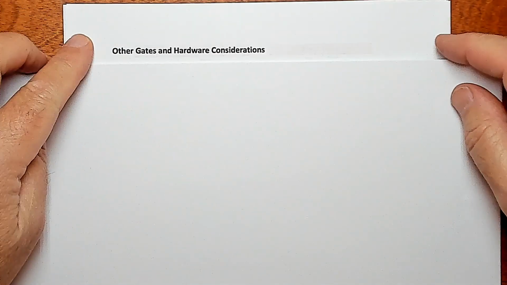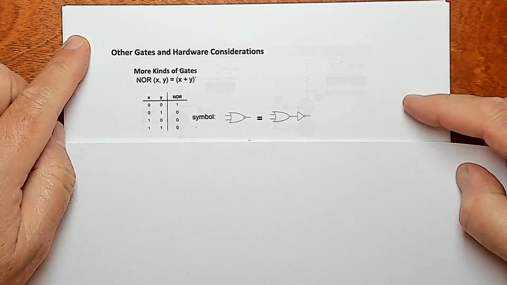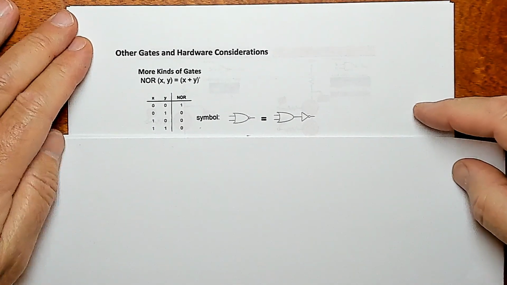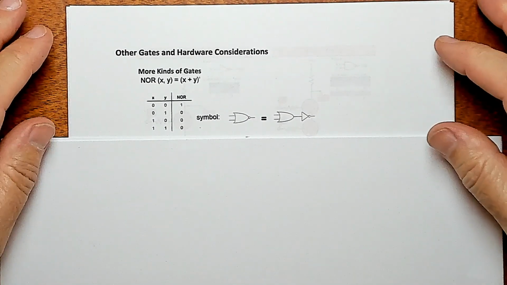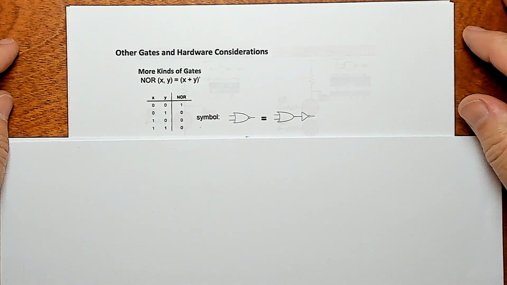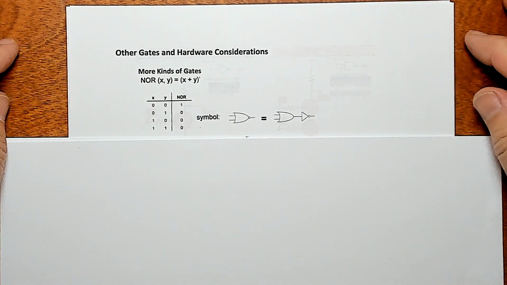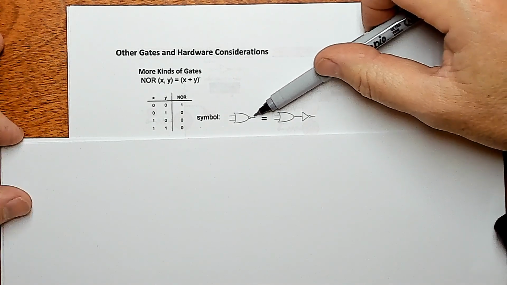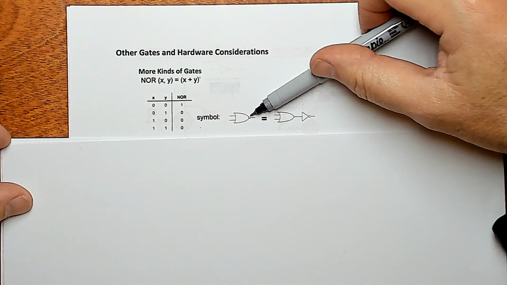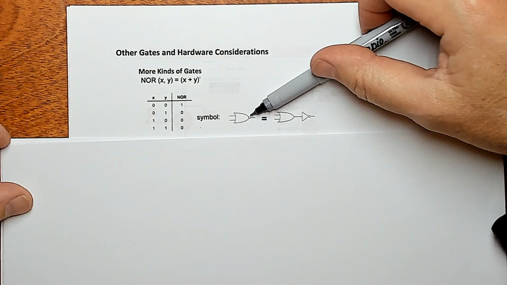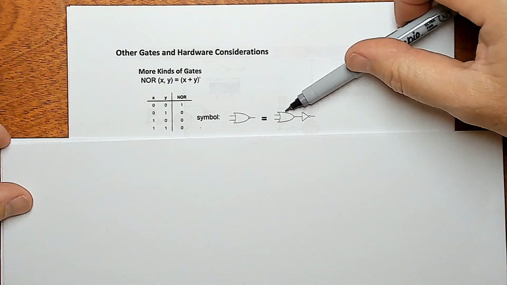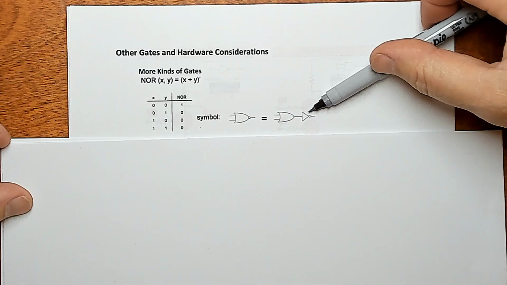Okay, first of all, let's understand that there's other kinds of gates that we haven't talked about yet. So besides and, or, and not, there's nor, which is just or with a not on it. So they put this little bubble on the end. This is the symbol for nor, but you can sort of think of it as an or with everything flipped at the end.